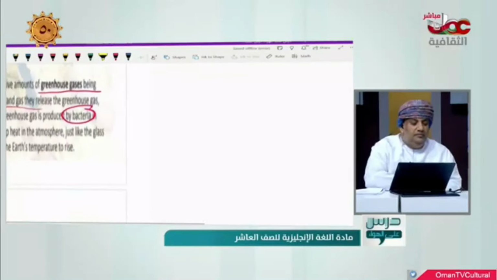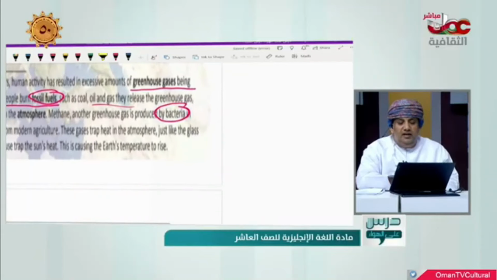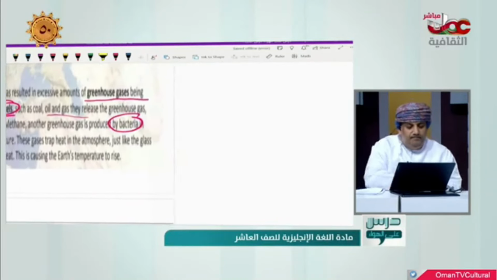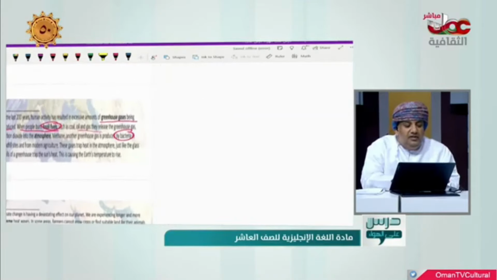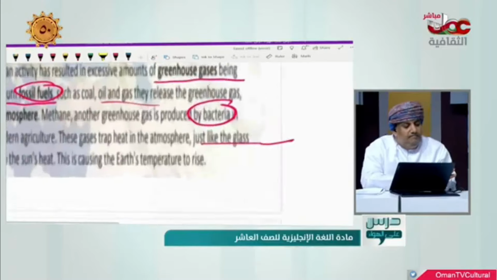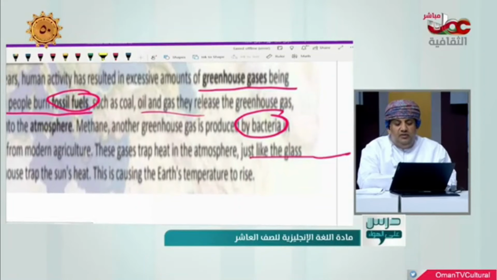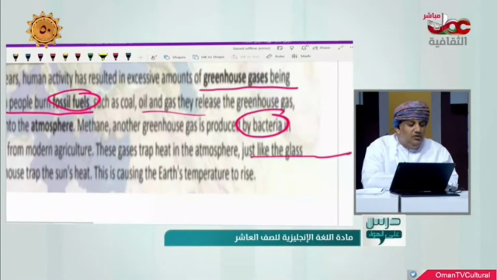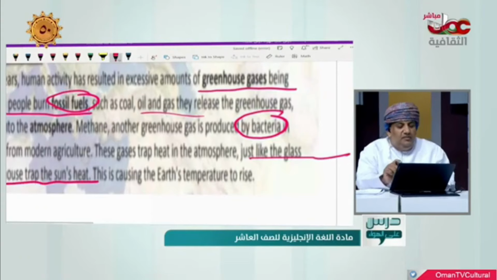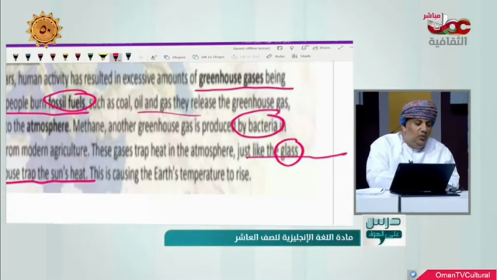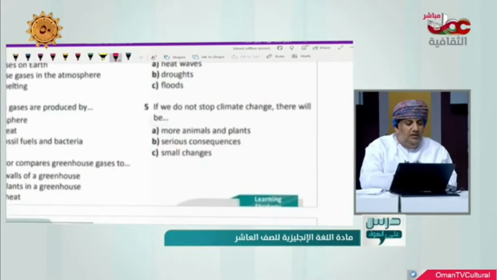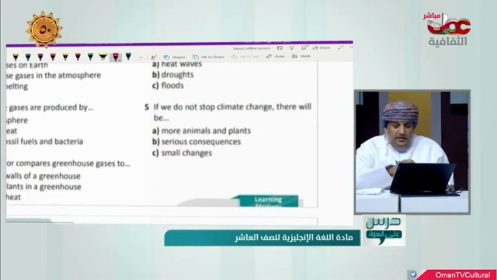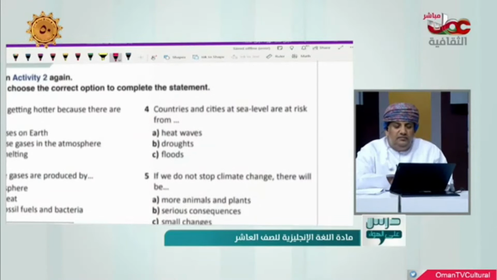So here, the last 2 lines for this paragraph, just like the glass, the gases trapped heat into atmosphere, just like the glass walls of greenhouse trapped the sun heat. So that it's look like the glass walls. So the best answer here is A.